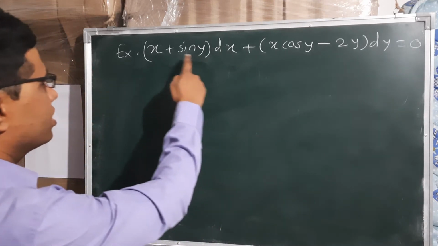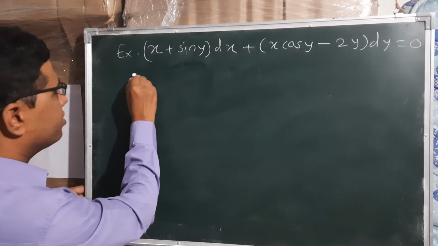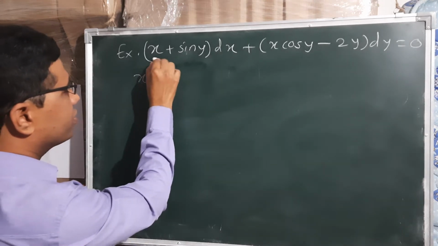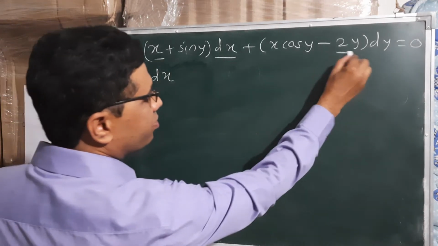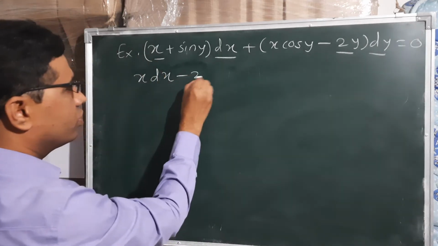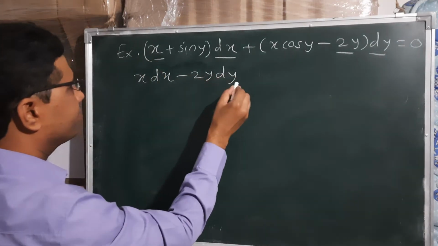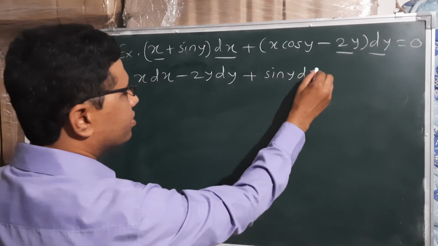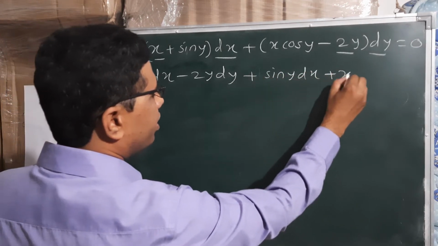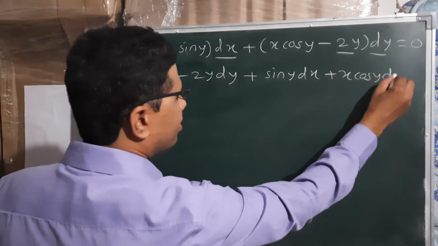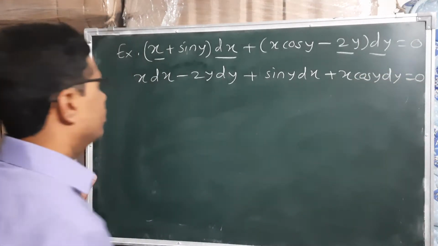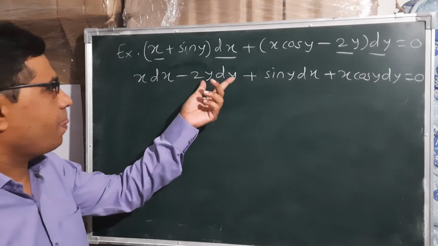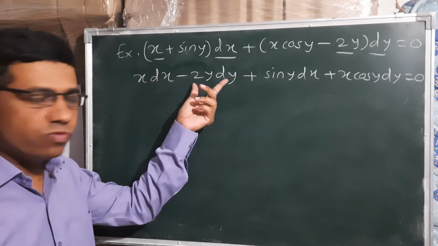Let us split this equation as x dx minus 2y dy plus sin y dx plus x cos y dy equal to 0. Now these are separable forms.